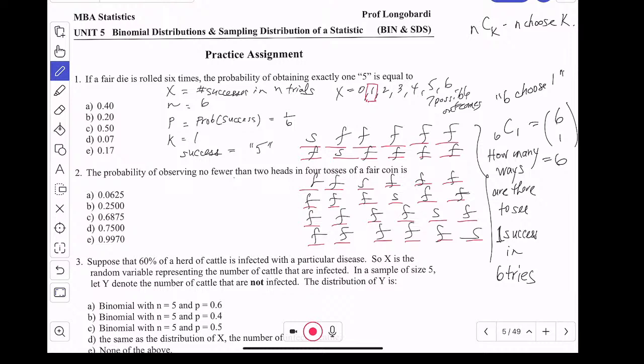So what have we accomplished? All we found out is the number of ways to see a success. Now we have to find the probability of a success. So take any one of these. What's the probability of this occurring? So let's just take one. We don't need to look at all of them because they're going to be the same probability.